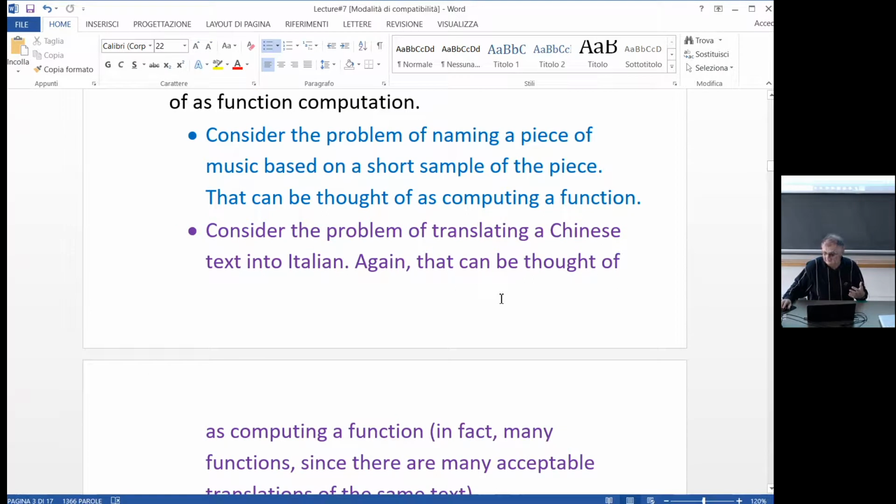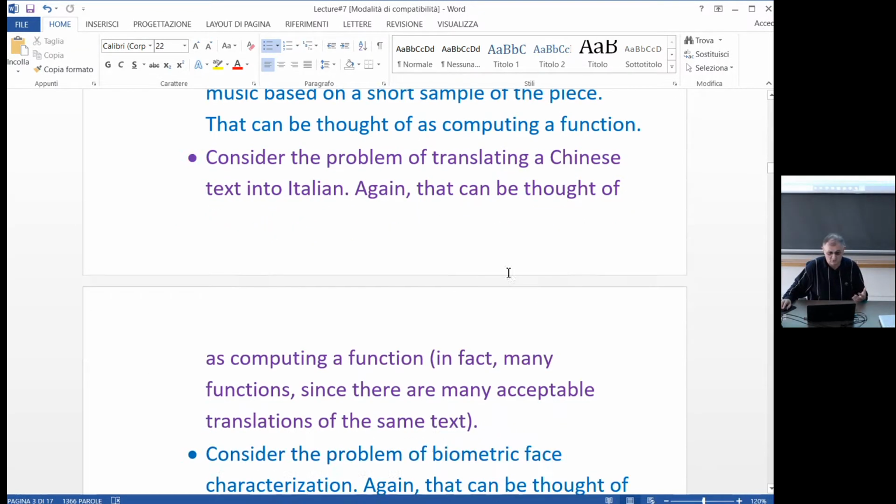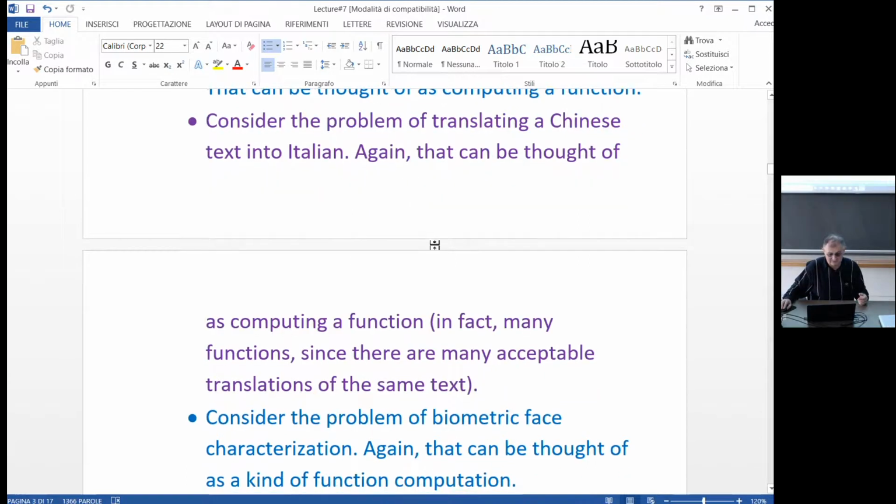Almost all possible operations in many different ranges of knowledge can be thought of this way. For example, the problem of translating Chinese text into Italian can also be thought of as computing a function.